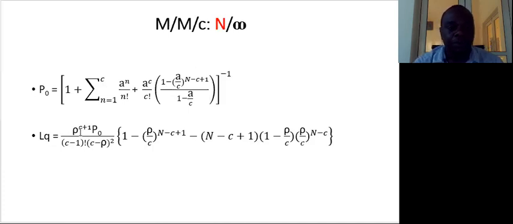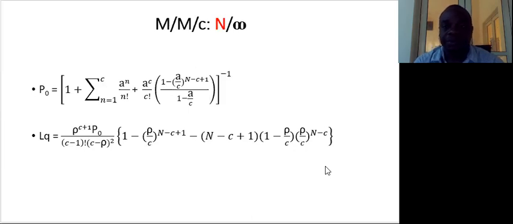This is equal to rho raised to power c plus 1 multiply p naught all over c minus 1 factorial into c minus rho all squared, multiplying 1 minus rho over c raised to power n minus c plus 1 minus n minus c plus 1 into 1 minus rho over c multiply rho over c raised to power n minus c.